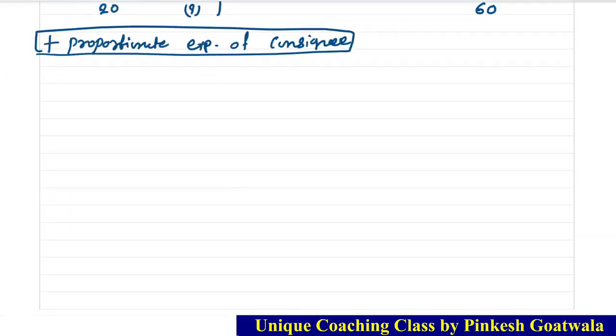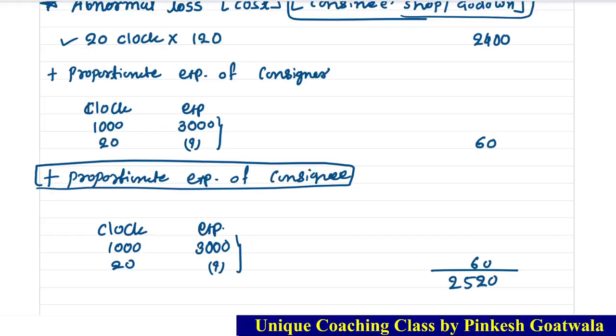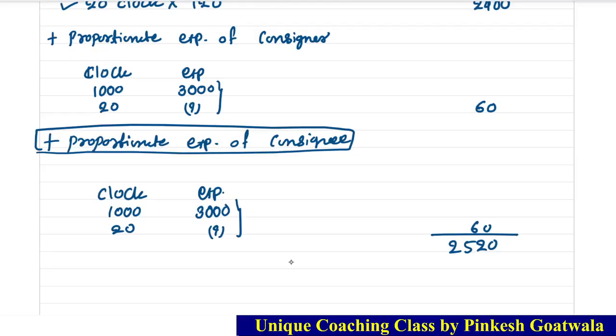So clocks 1000 and expense 3000. The same expense was done by the consignee. So what will it be on 20 clocks? It will be 60. So the total is 2520, and the insurance company passed a claim of 1800. How much claim was passed? 1800. So the 720 is our abnormal loss.